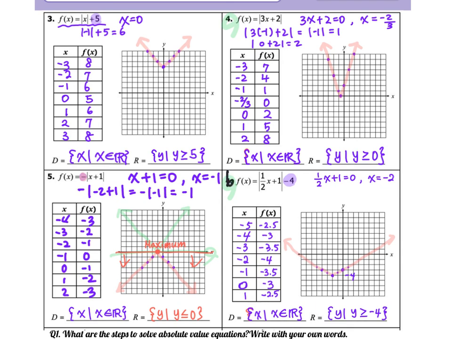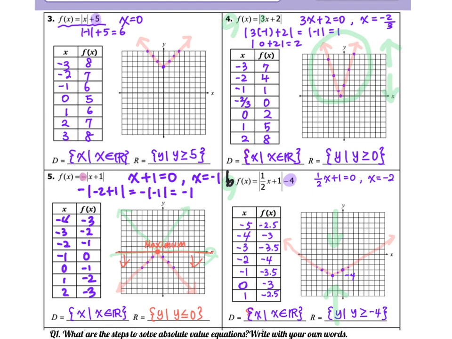So number 4, this graph is stretched vertically, so it's kind of narrow, and this one, number 6, is compressed vertically, so it gets wider. There is a reason for that, and we're going to learn all the transformation rules later, but I just wanted to give a little heads up.